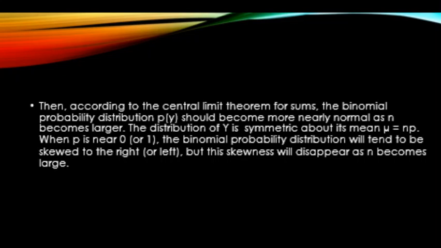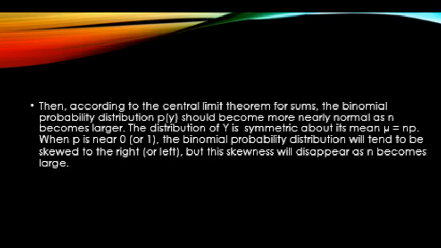Okay, so we can again apply the central limit theorem here for the binomial distribution, because the binomial distribution is nearly normal as n becomes large. For values of p not close to 0 or 1, the distribution of y will be symmetric with the mean n times p. Remember, binomial distribution has a mean of n times p.